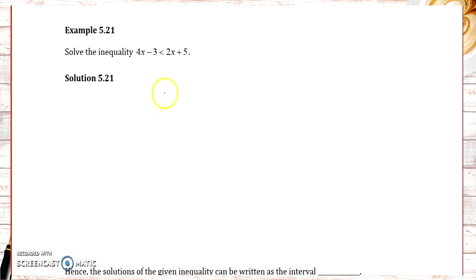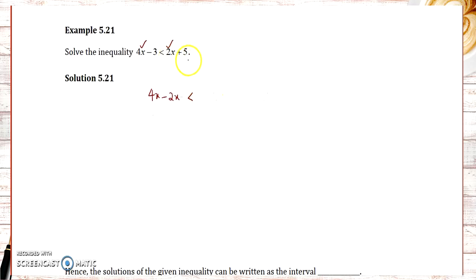For the variable, we have 4x, and 2x needs to be eliminated from the right hand side. So we subtract 2x from both sides. The sign remains as less than.